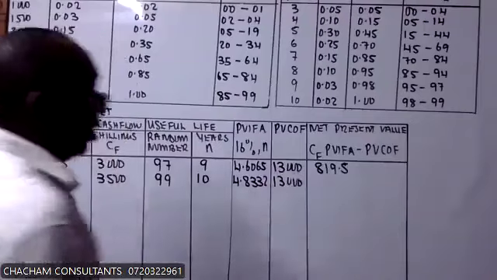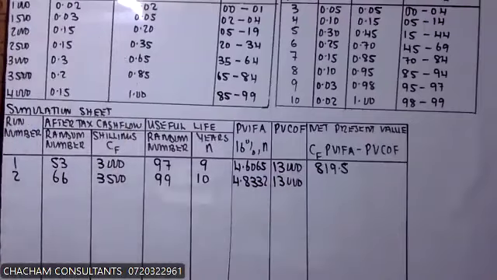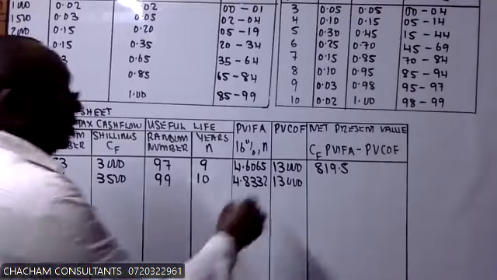This one is 13,000. So let's work out: 3,500 times 4.8332 minus 13,000. That is 916.2.